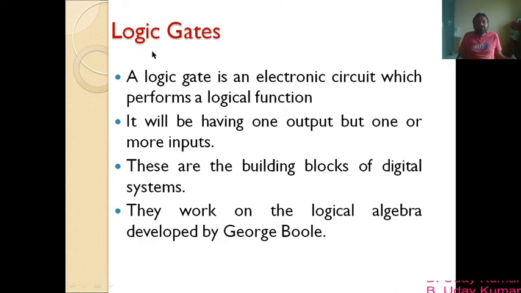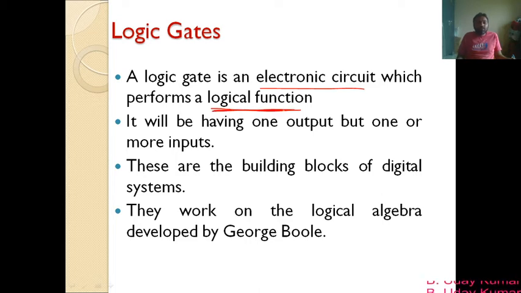So what are logic gates, that we try to understand. A logic gate is an electronic circuit which performs a logical function. Remember, a logic gate is an electronic circuit which performs a particular logical function.